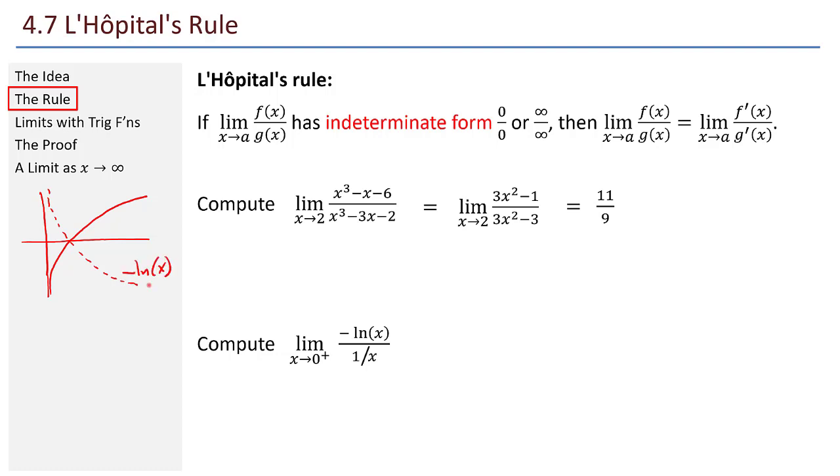You can see this limit as x goes to 0 from the right, negative natural log of x climbs higher and higher and higher, and it goes to infinity. What about the denominator, 1 over x? Here's a picture of 1 over x. And if I approach 0 from the right, then the values of 1 over x grow larger and larger without bound. So this really does have indeterminate form infinity over infinity.